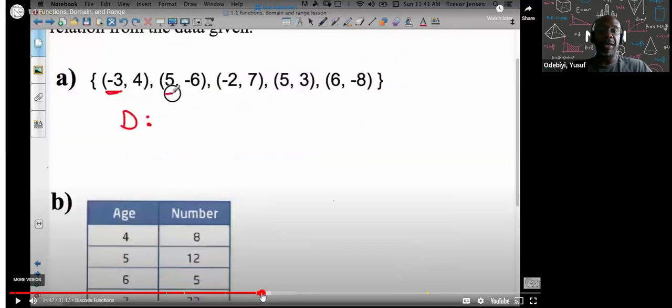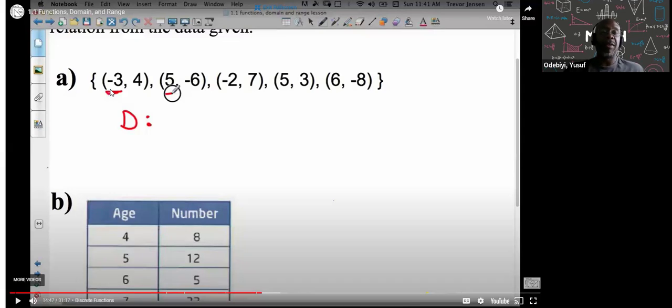Let's get to examples. Here are examples to go through. These are ordered pairs, coordinates, and you're looking at what the domain of this relation is. The domain will just be looking at where these numbers exist on the x-axis.